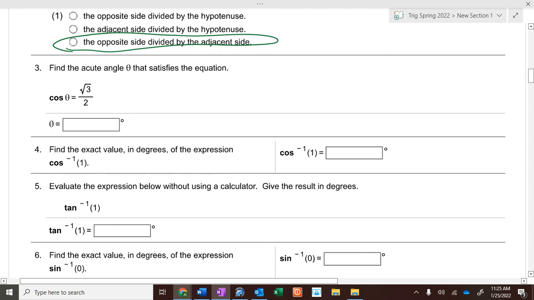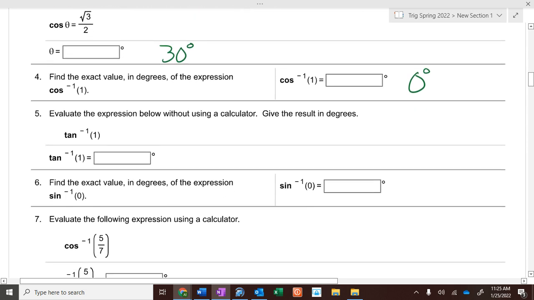From your unit circle, it is 30 degrees. Where is the cosine equal to 1 at? How many degrees? 0 degrees. At 0 degrees, cosine is equal to 1.